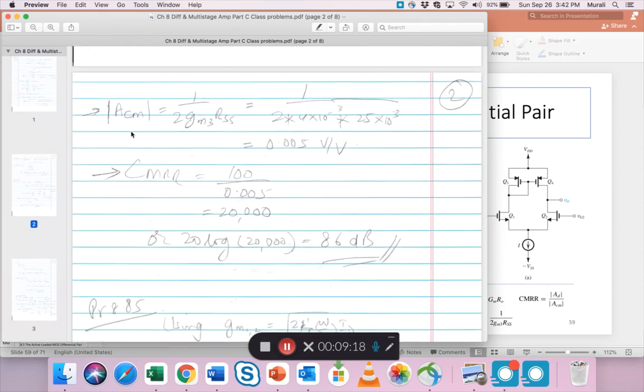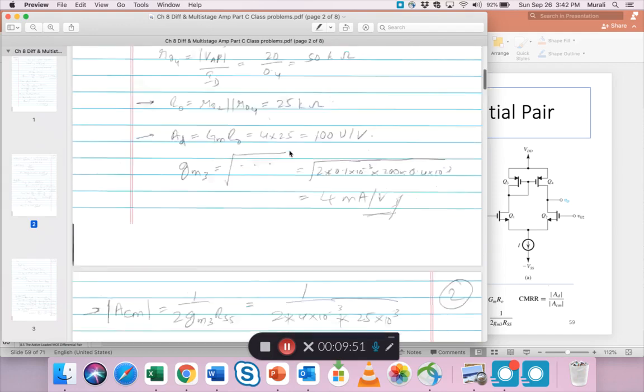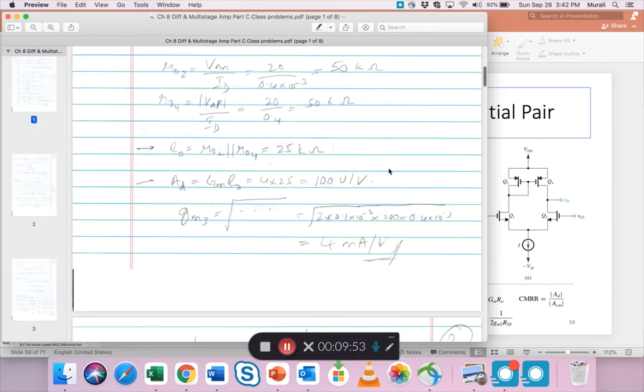Now a common mode, use this formula, 1 by 2 times 4 milliamps per volt times RSS, which is given luckily. Sometimes they don't give you, then you have to use a formula to find it, which we'll look at in another example. So this comes out to be 0.005. You'll notice that ACM should generally be very low. Comparatively, if you look at AD, it's 100.